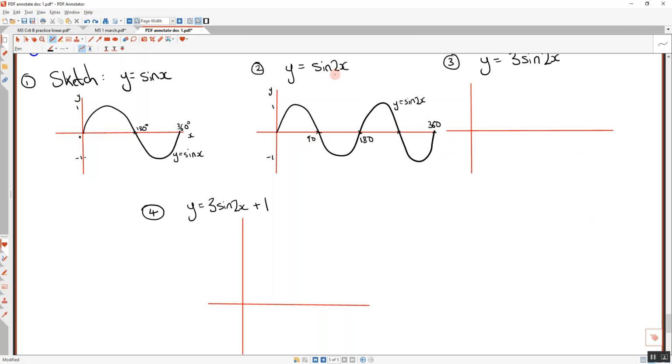Listening? What do we call the 2 here? 2 is the frequency, good. And the frequency, remember, tells us the number of cycles, just what Damon said, so just 2 cycles. And what about the period then, John? The period's not 2.